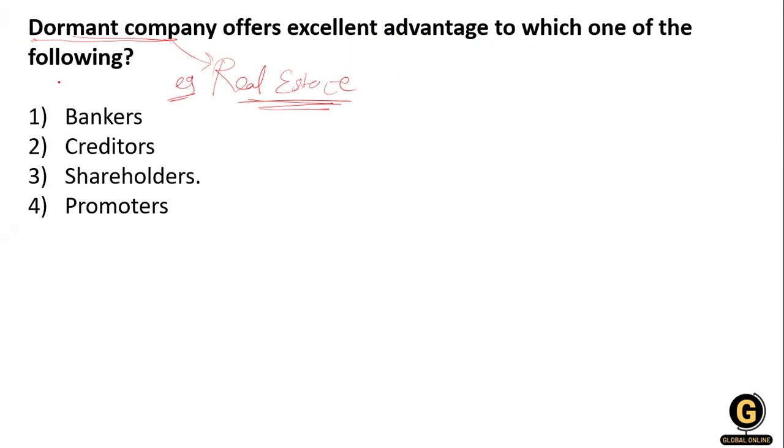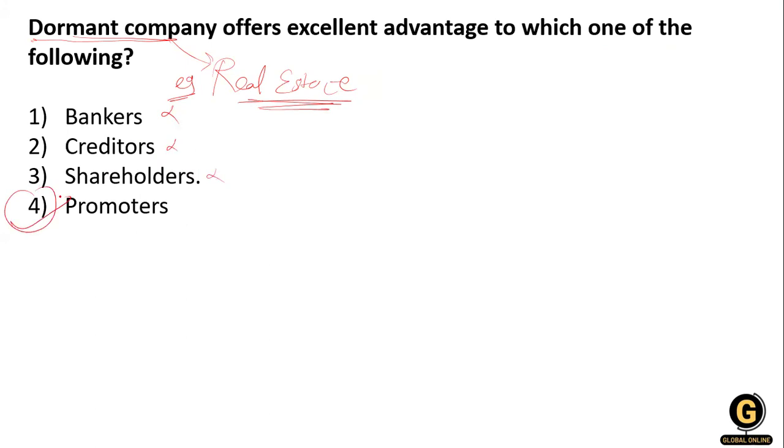Now, the dormant company offers an excellent advantage to which one of the following? Here, the question is asking who has the excellent advantage in a dormant company: a banker, a creditor, a shareholder, or a promoter. In a dormant company the banker doesn't have any kind of advantage, or only a small one, not much. Not a creditor, not a shareholder.